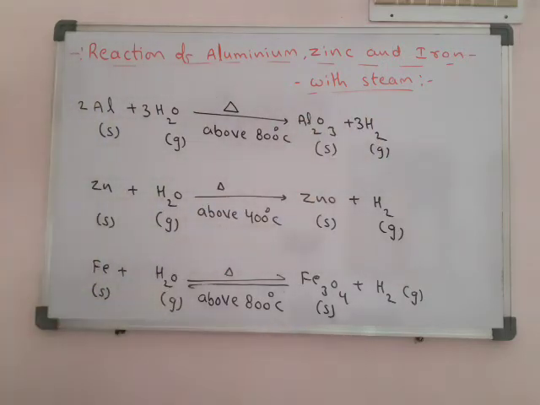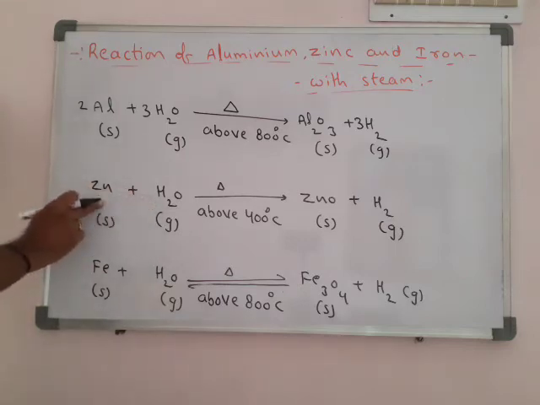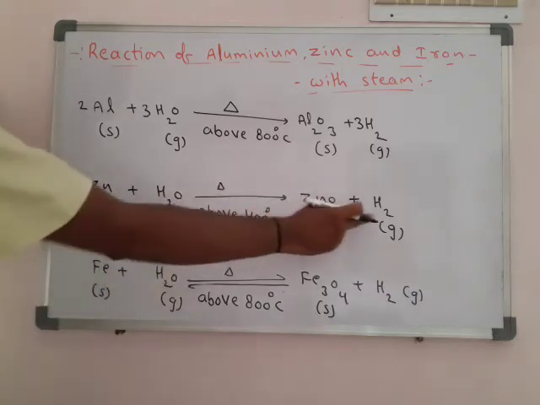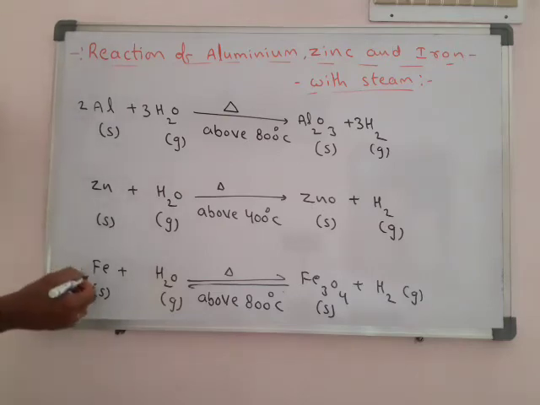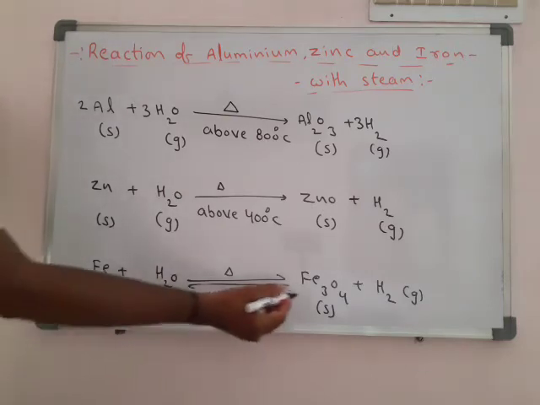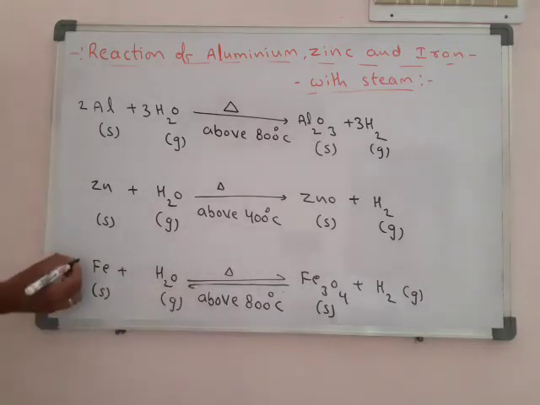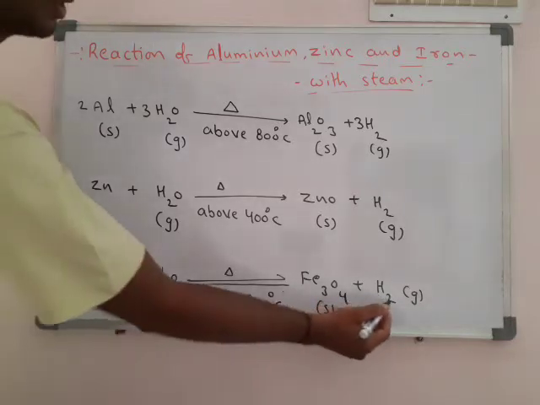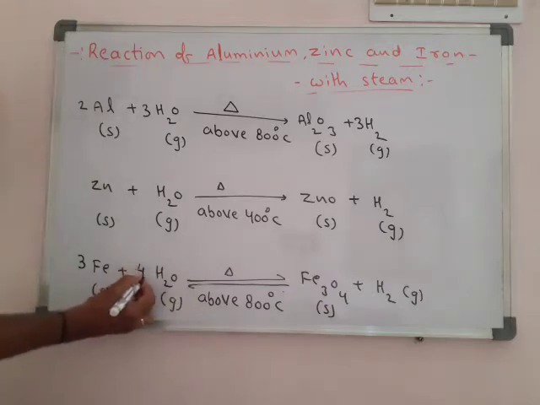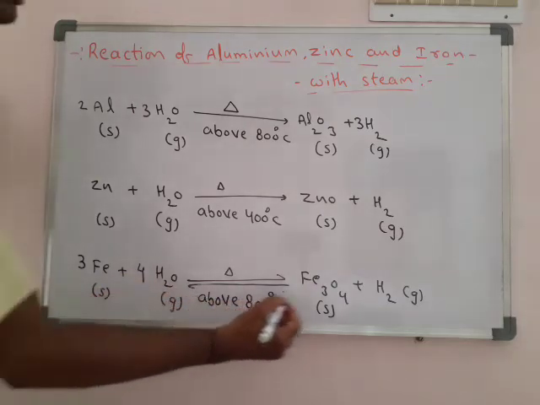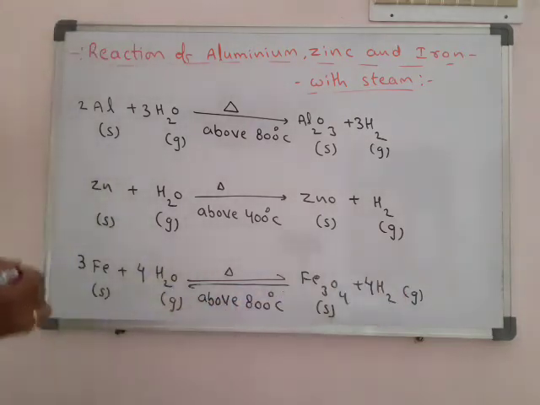So now all atoms are balanced. Like zinc: 1 zinc, 1 zinc, 2 hydrogens, 2 hydrogens, 1 oxygen, 1 oxygen. That is already balanced. Next, iron: here 3 irons are there, so put 3. Now what about oxygens and hydrogens? Here 4 oxygens, so put 4. Hydrogens become 8, so put 4.